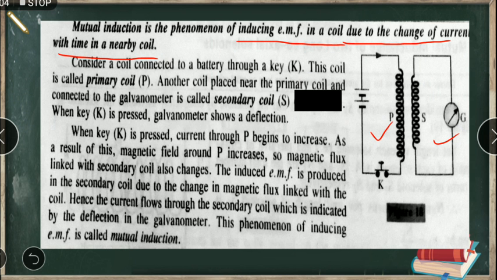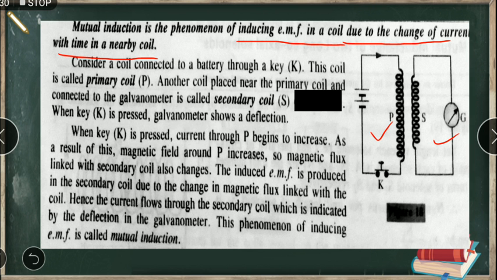There is a primary coil connected to the battery and the tap key, and a secondary coil connected to the galvanometer. Consider a coil connected to the battery through a key. This coil is the primary coil. Another coil is placed near the primary coil, connected to the galvanometer, which is called the secondary coil.